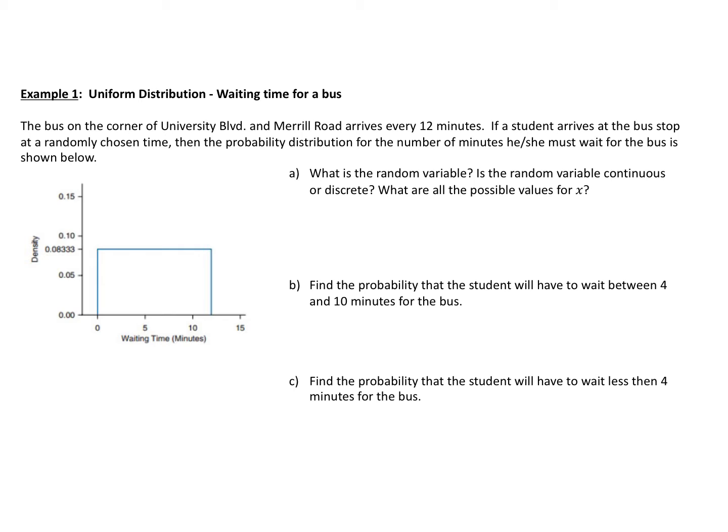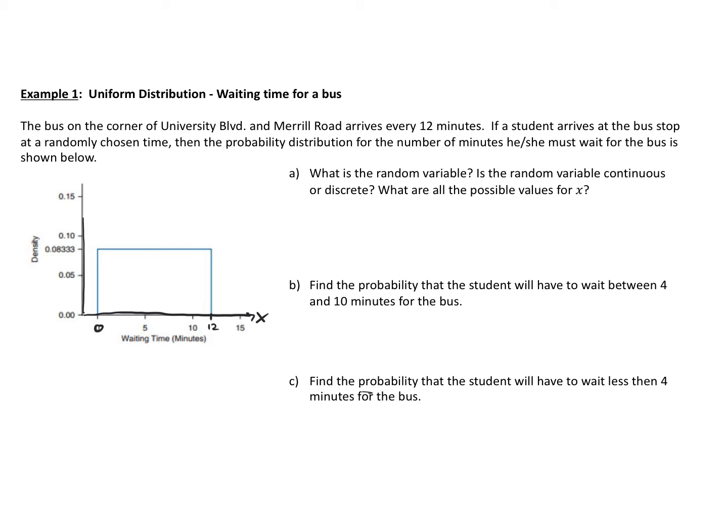Now let me explain to you the drawing of this distribution. When I take a look at the probability distribution on the x-axis here, you can see that the distribution goes from 0 to 12 minutes. So that is all the possible outcomes for waiting on a bus that shows up every 12 minutes.